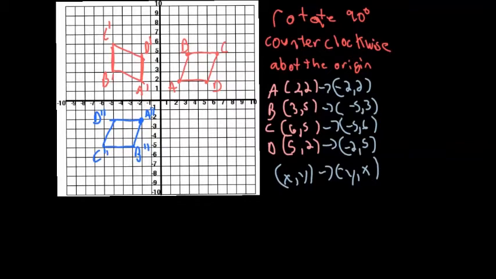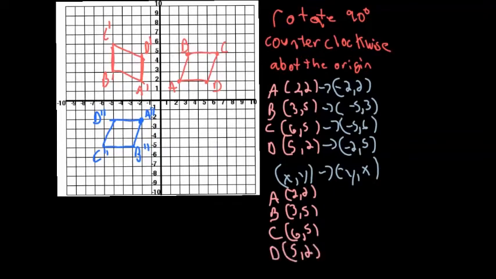Alright, so let's put our original points there again, just so we can see them. Originally we started with 2, 2, 3, 5, 6, 5, and 5, 2. And our new points are negative 2, negative 2.